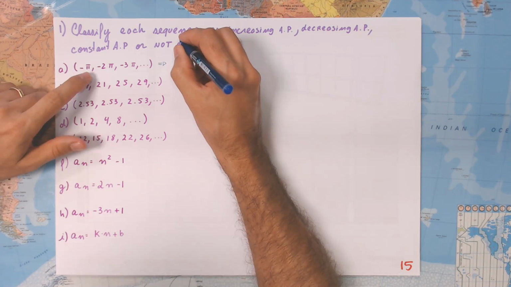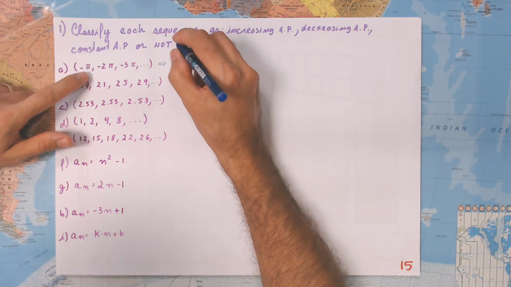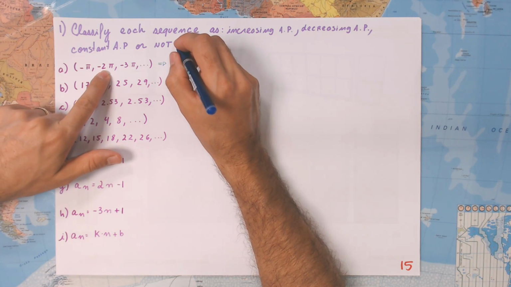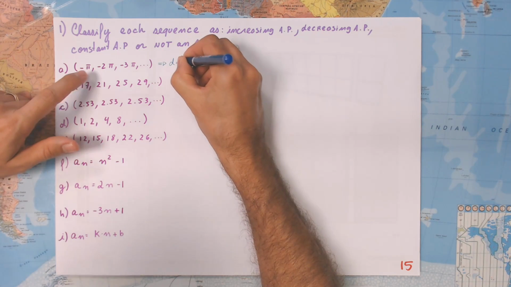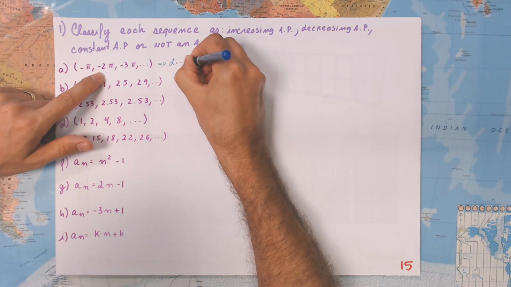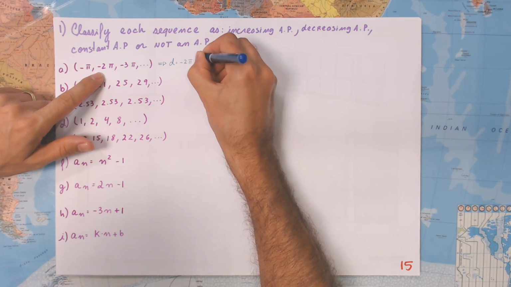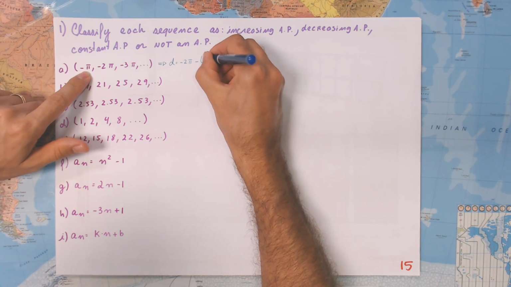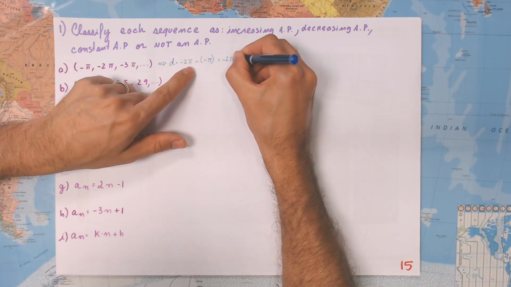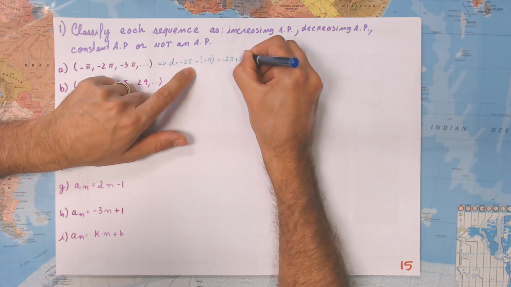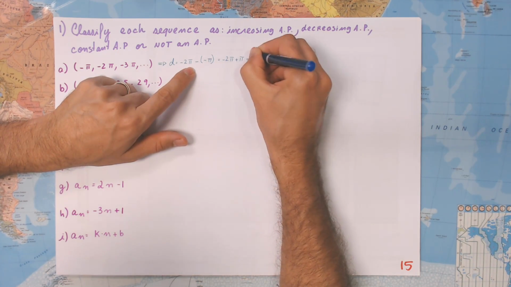Remember what we do for a D? We just make this one minus the previous one. So D is going to be minus 2 pi minus pi. This is minus 2 pi plus pi, and this is going to be minus pi.